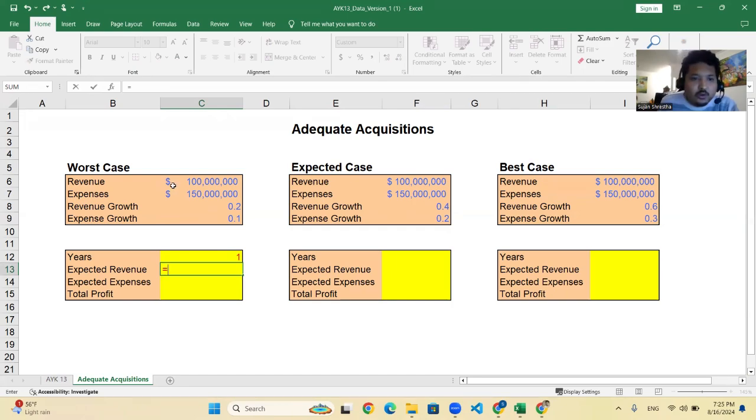The expected revenue is this plus the expected revenue multiplied by the revenue growth in the year. So that will be our formula. So this will be the expected revenue of the first year.